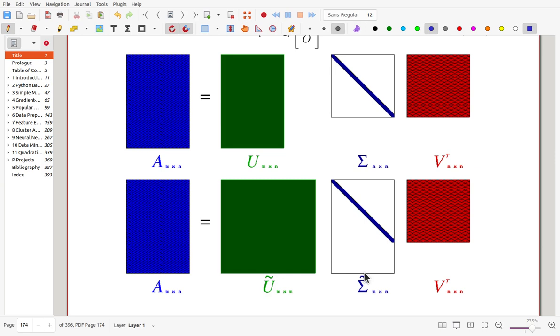If you are using, for example, MATLAB, then the default shape of the output is given in this way. This portion is a sort of extra part: from here to there, some extra columns of U are made by random generation, and they are attached.